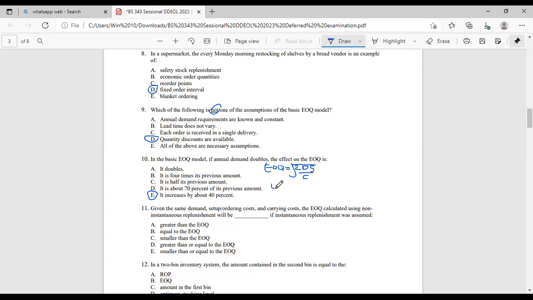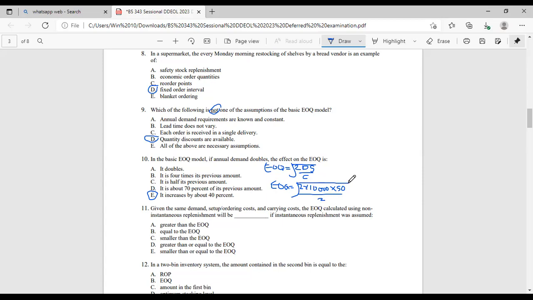So if the initial EOQ was like this, our annual demand was 10,000, our S was 50, all other things remain the same, and our holding cost was 2.